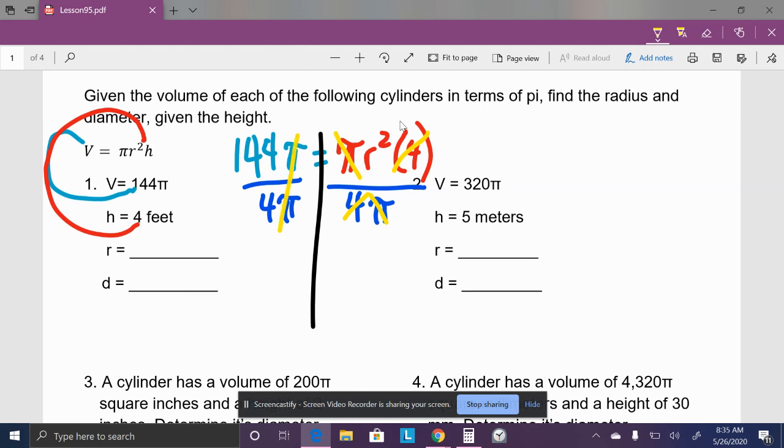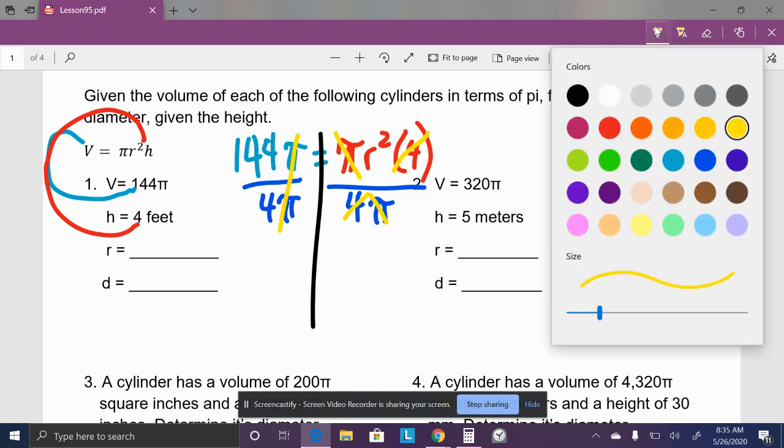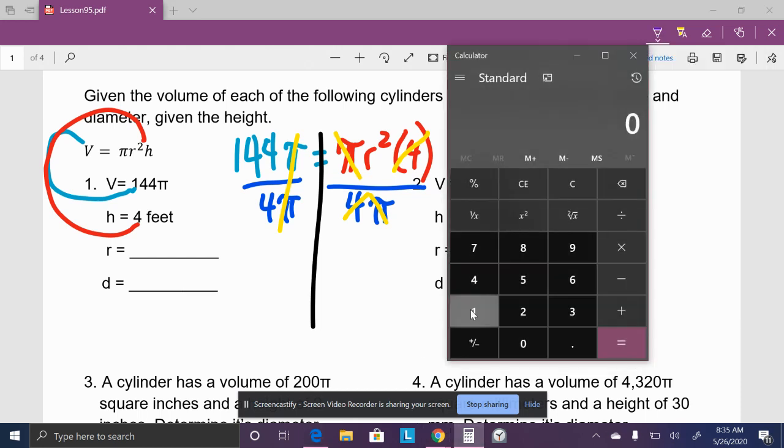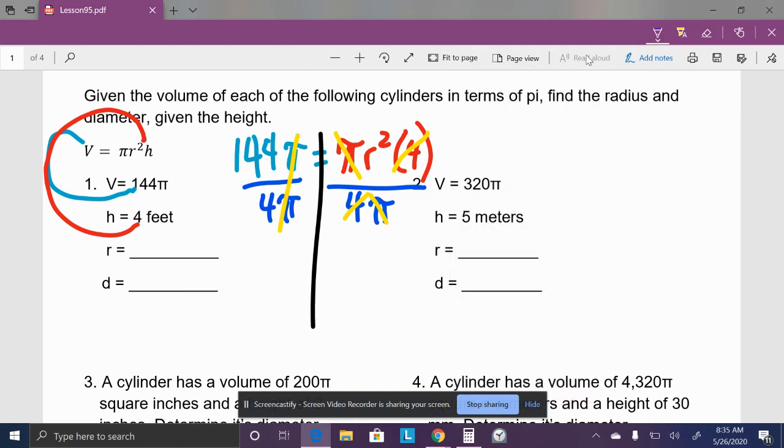So it just leaves me with 144 divided by 4, which is 36. Okay. So I have 36 is r squared.